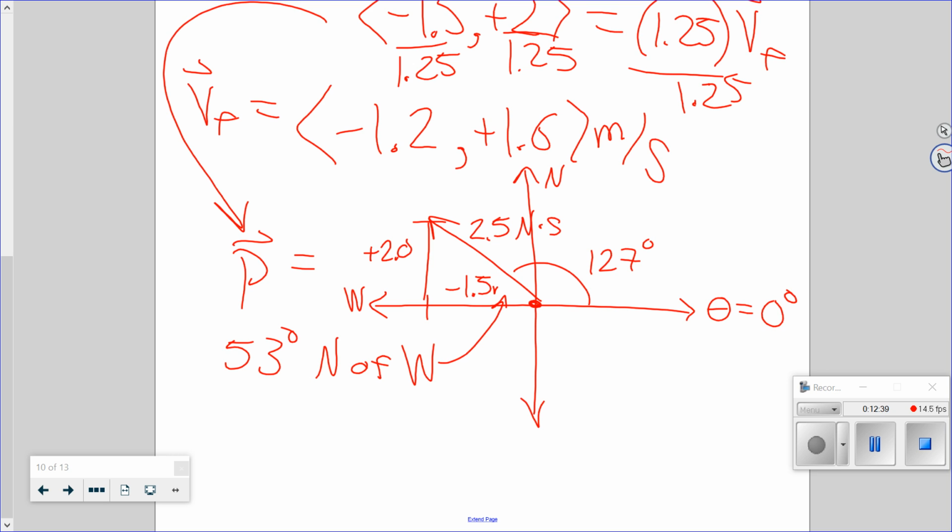Sure, Christine. You could say from 0 or from east. That's because that's the standard way we count angles in math. I could say 37 west of north. The cardinal direction system is really weird.